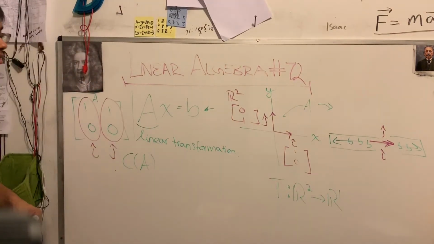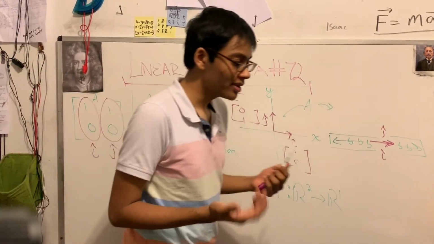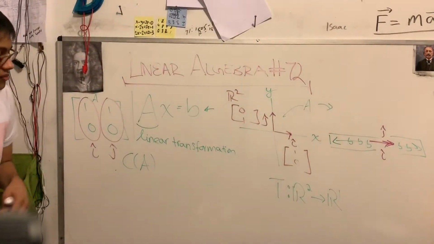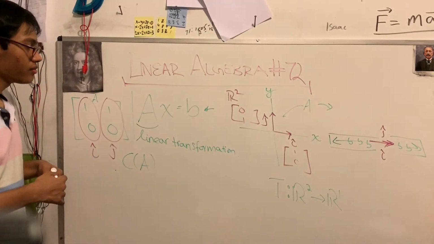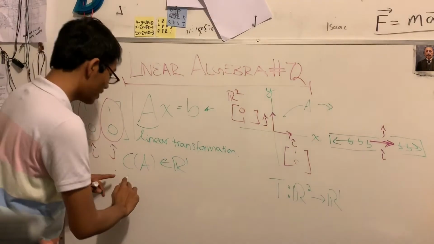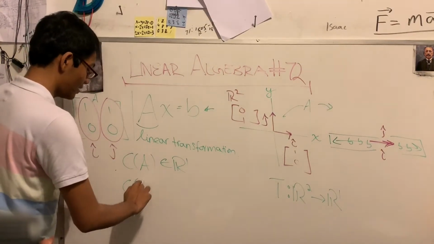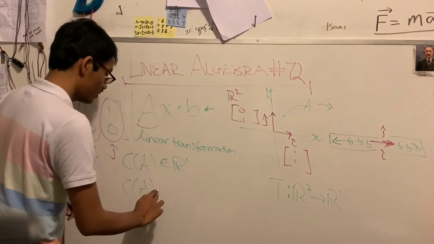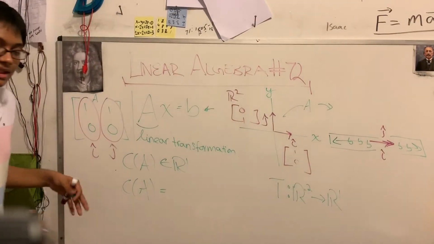Okay, so far so good. But what is Ca equal to? Ca is an element of R1, because you can see it's being crushed to the number line. But what is it equal to?